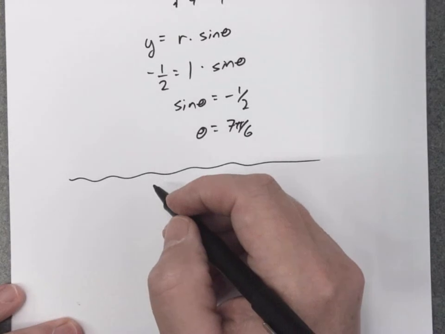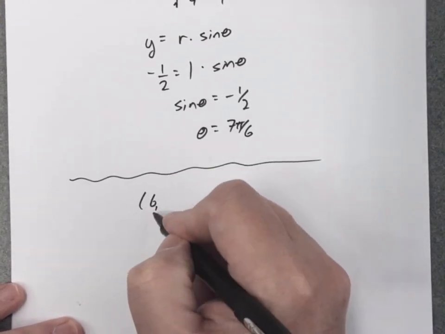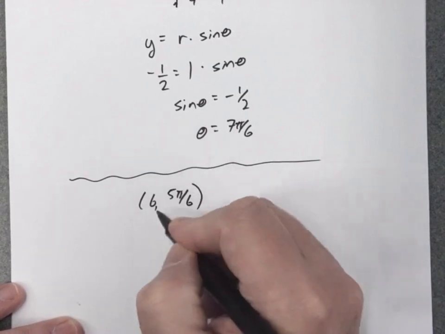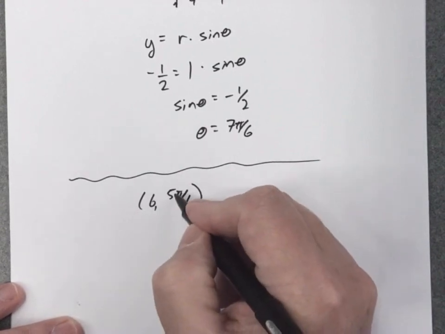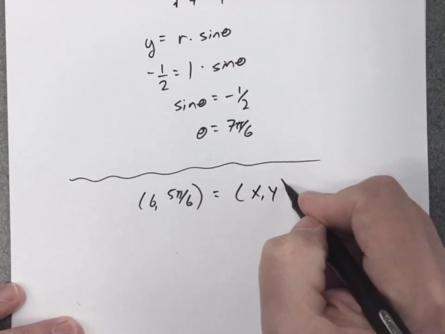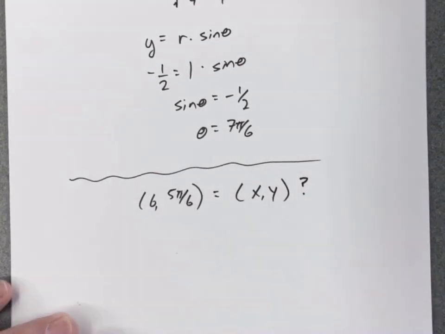So for instance, here is a point in polar coordinate form. r is 6, theta is 5 pi over 6, and we want to know what is this rectangular coordinate.